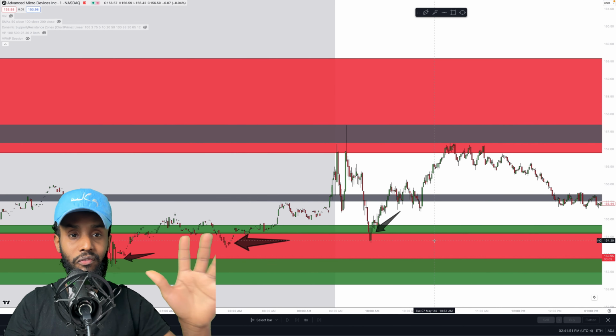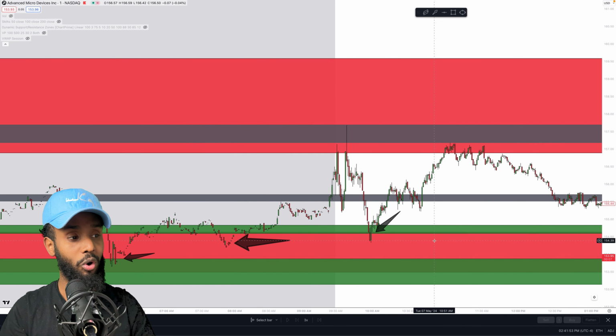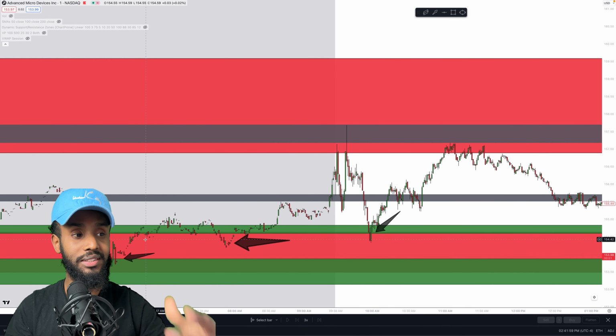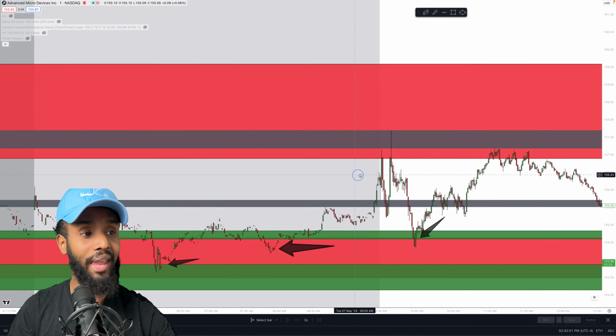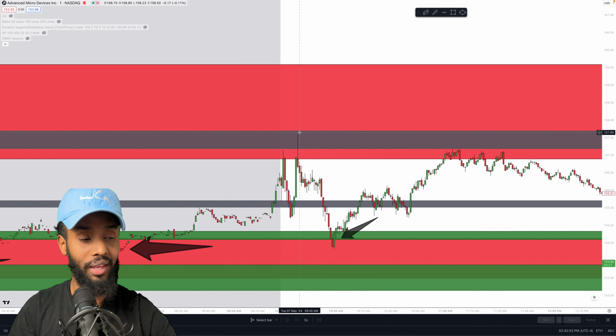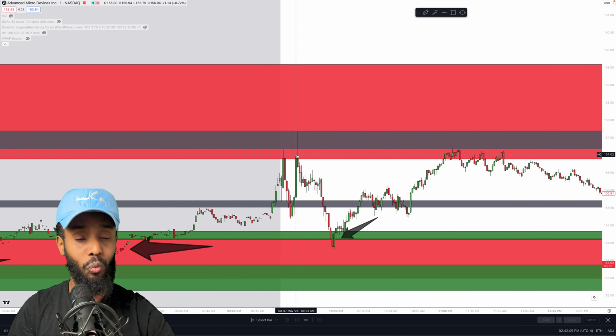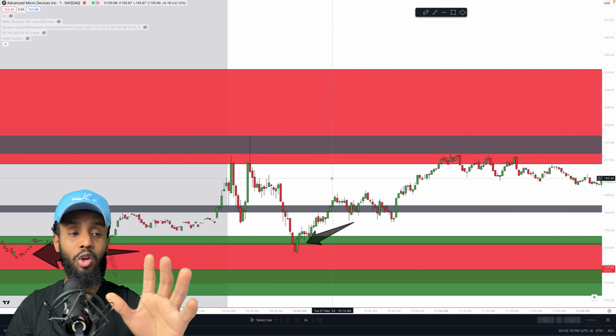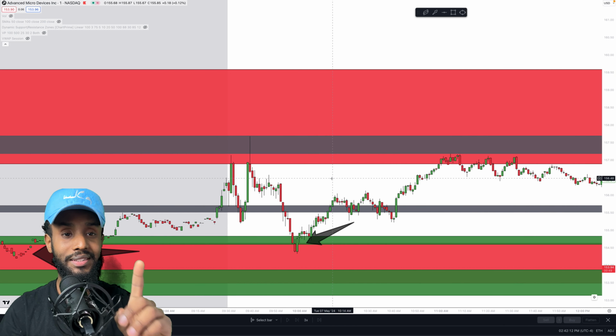But Bookmap is very expensive. Not everyone can afford it. So what I would say is look at the prior candles and see what buyers and sellers did at that level, and look at the wicks and see, is it weaker wicks? Is it stronger wicks? And if you do not know how to read candles, I'll make a separate video for that.